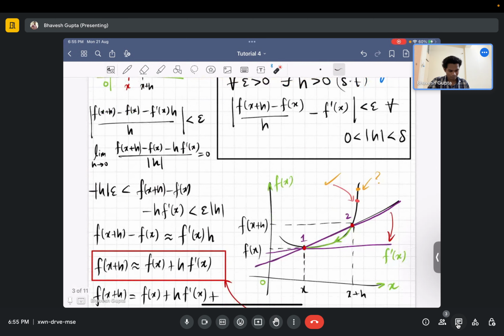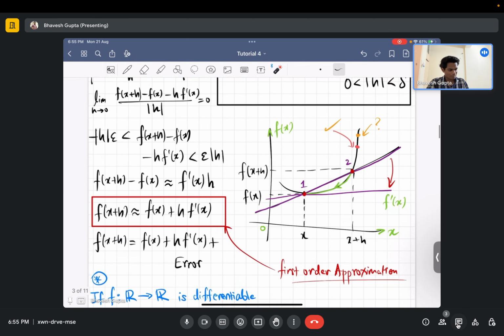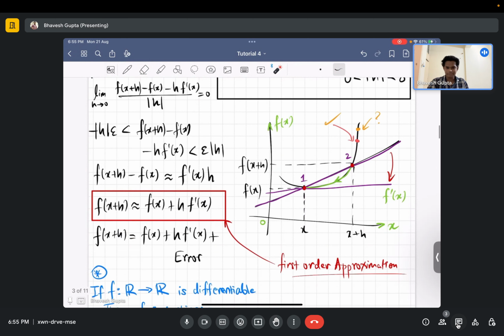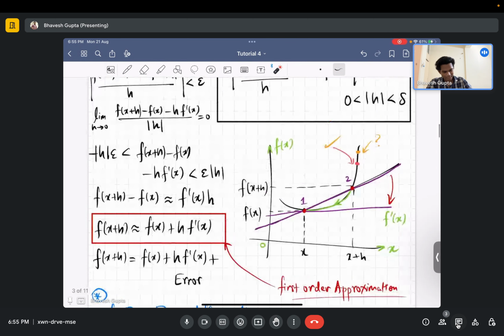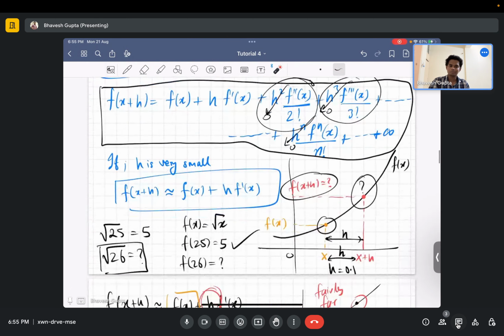So you can have this approximation because of this limit, and once you take this part over here, you will see this red box, and this red box is again your first order approximation. The way I showed you over here sometimes becomes very difficult to understand. So that's why I gave you the idea of this Taylor series and Taylor expansion, because this is very simple to see.